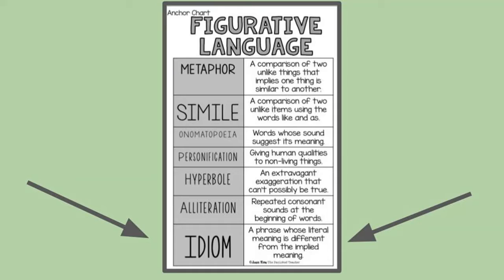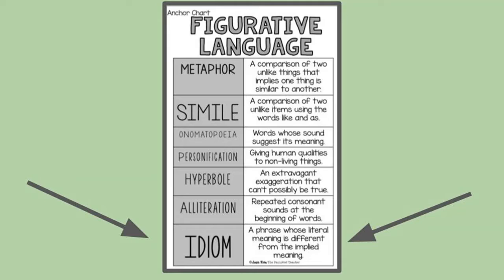Next is onomatopoeia, words whose sounds suggest a meaning. Then we have personification, giving human qualities to non-living things. Hyperbole, an extravagant exaggeration that can't possibly be true. We have alliteration, in which we repeat the consonant sound at the beginning of the word.